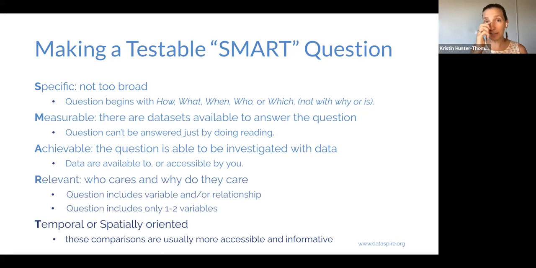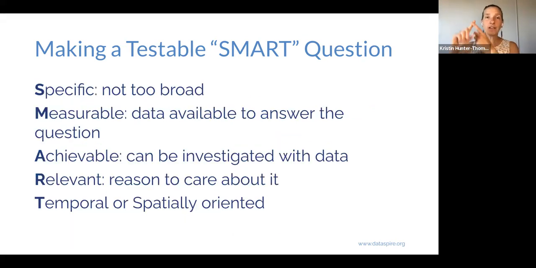And then finally, the T is temporally or spatially, I know it doesn't start with a T, oriented. And so what time frame are you interested in doing a comparison? What space are you interested in doing a comparison, if that's relevant? And here's the deal: most of our questions that we ask or that our learners are interested in have to do with time and space.